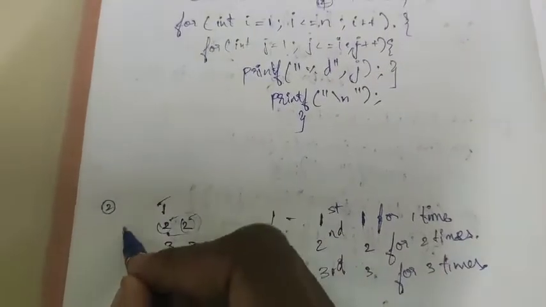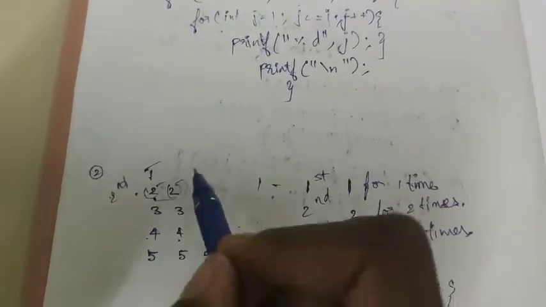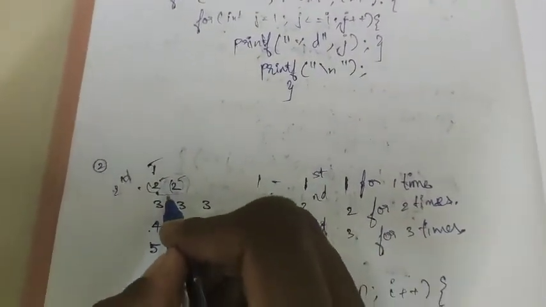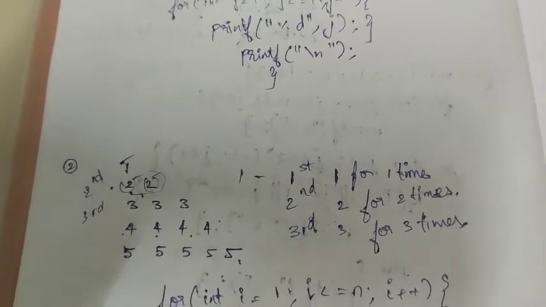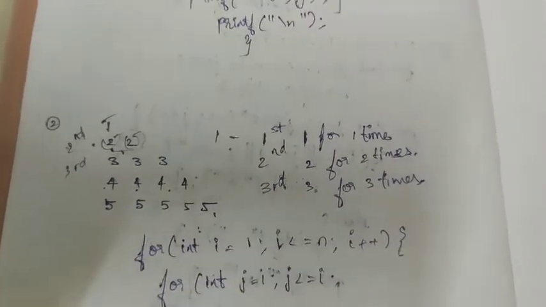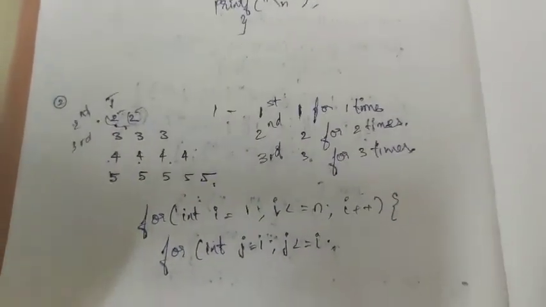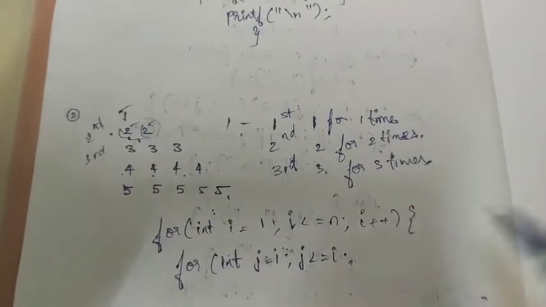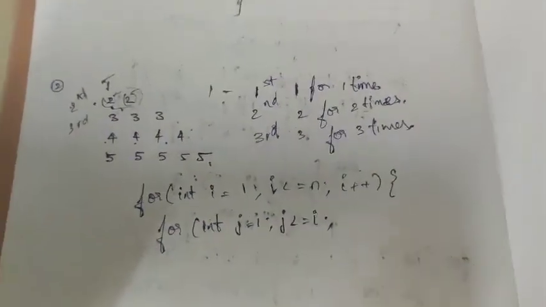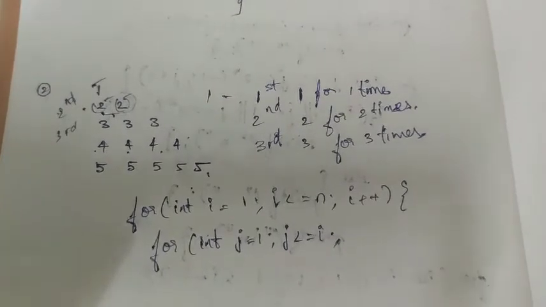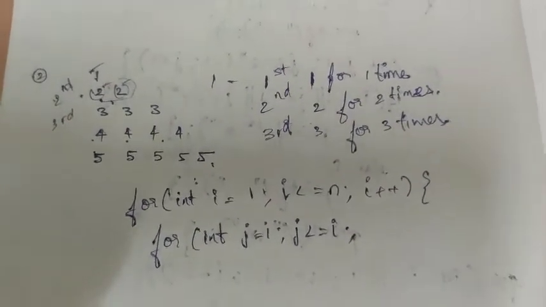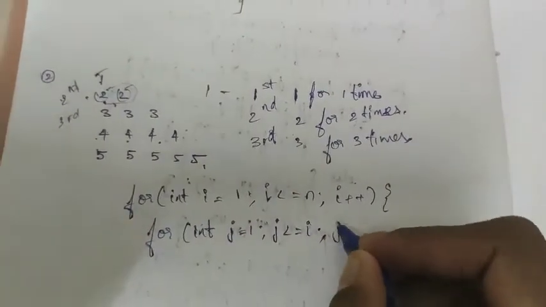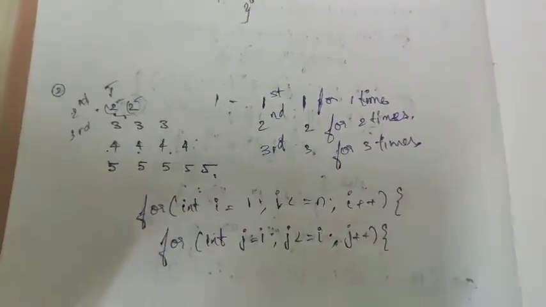For example, in the second row I am getting only 2 elements, and in the third row only 3 elements, not exceeding, not lesser. Why I am stressing this point is that it is very important in printing patterns like half pyramid and full pyramid, even in many complex patterns. Please note it. And j plus plus is the incrementing factor.